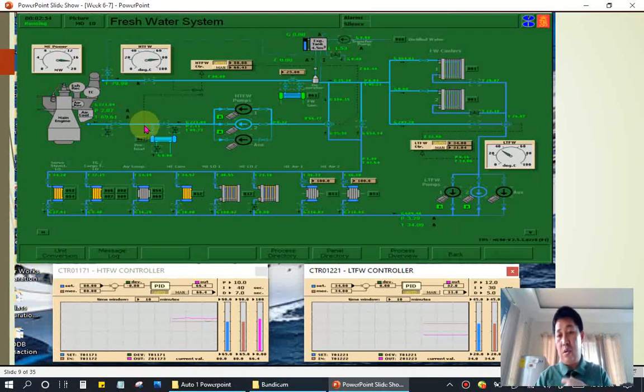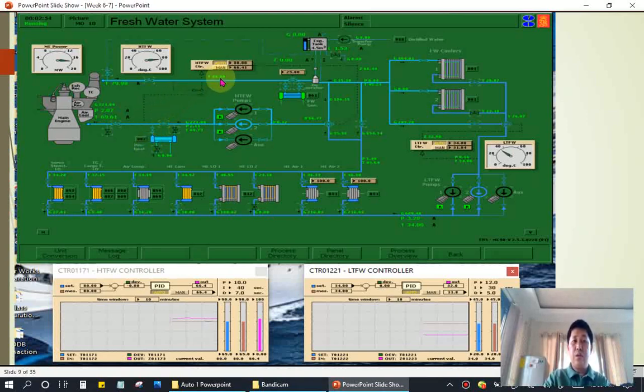These sensors sense the temperature and send a signal to the PID controller, so it reads the signals.